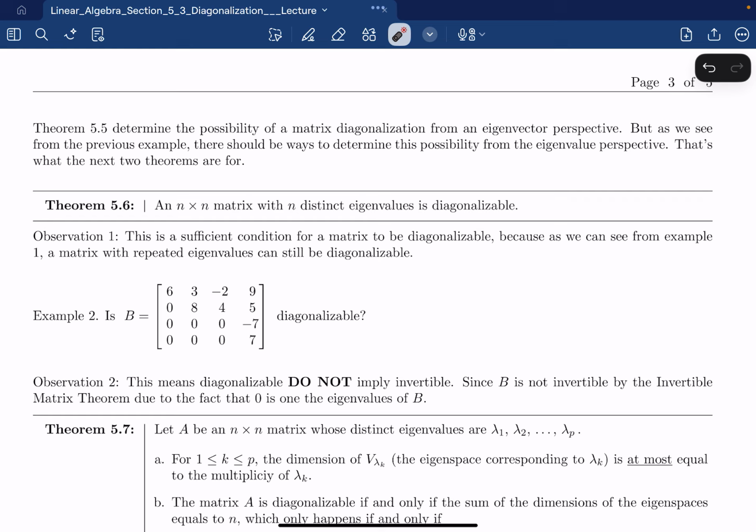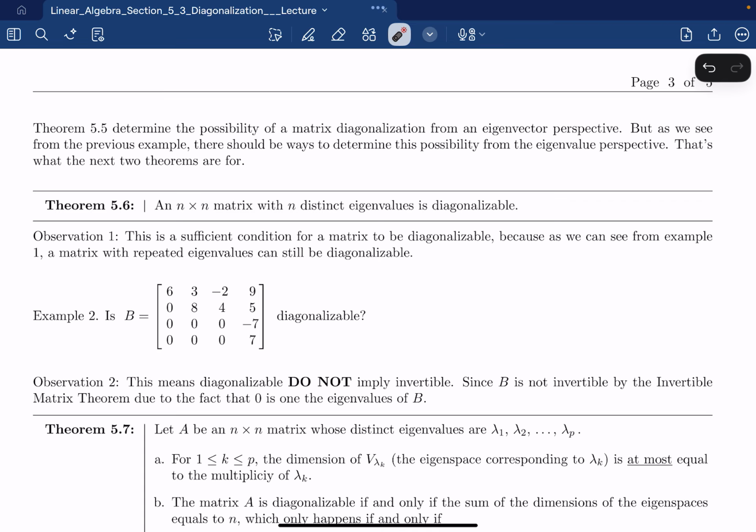Not every time do you have a way to look at the matrix and tell if it is diagonalizable or not without doing a decent amount of work, but sometimes we might get lucky. One really important condition is that if we have enough linearly independent eigenvectors, then that matrix is diagonalizable.